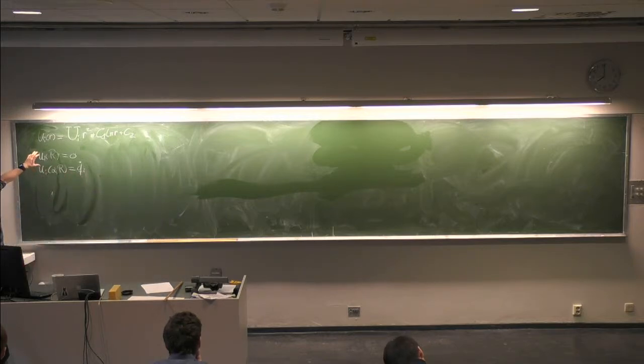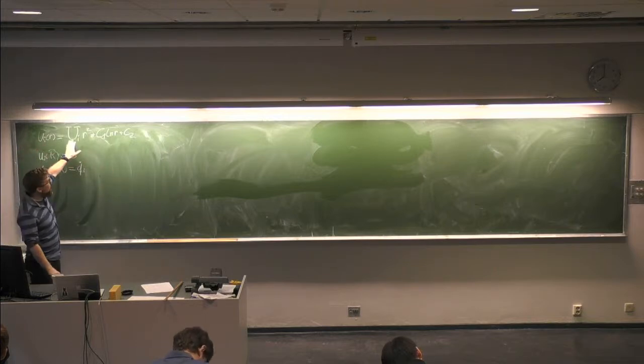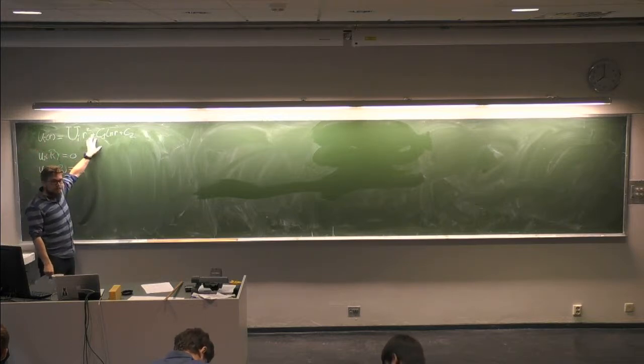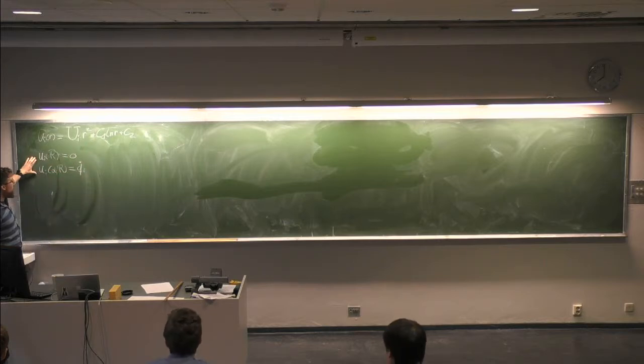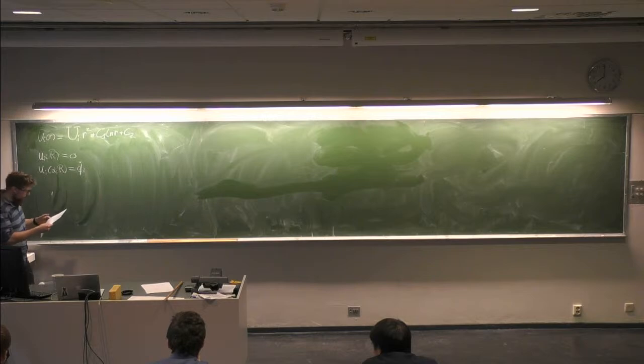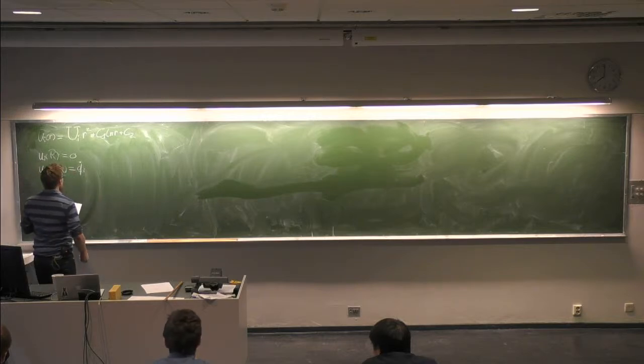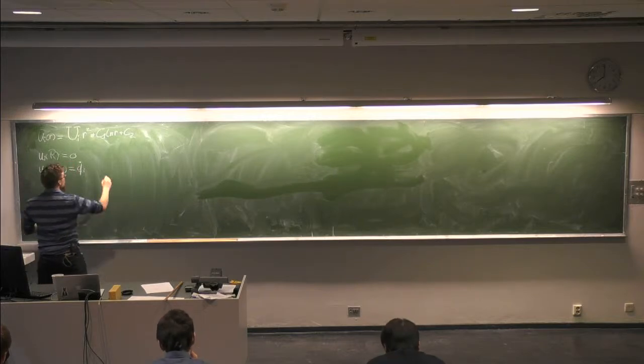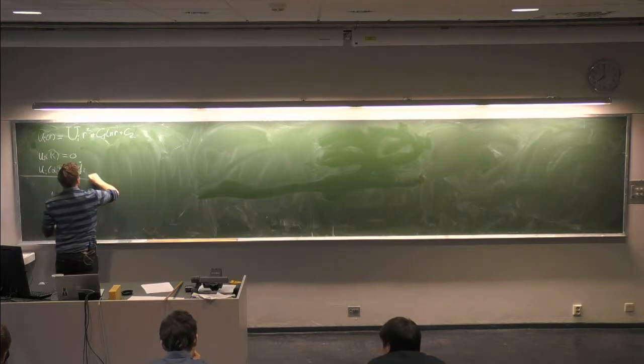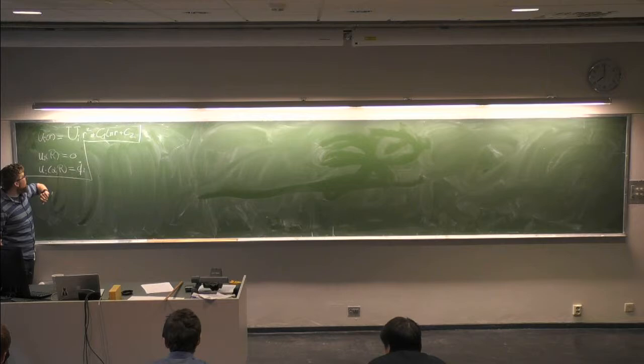Okay, so now, if we assume we know UI, then this has two unknowns, and we have two different equations which we can use to find them. So when this R is 0, we should get 0 out.